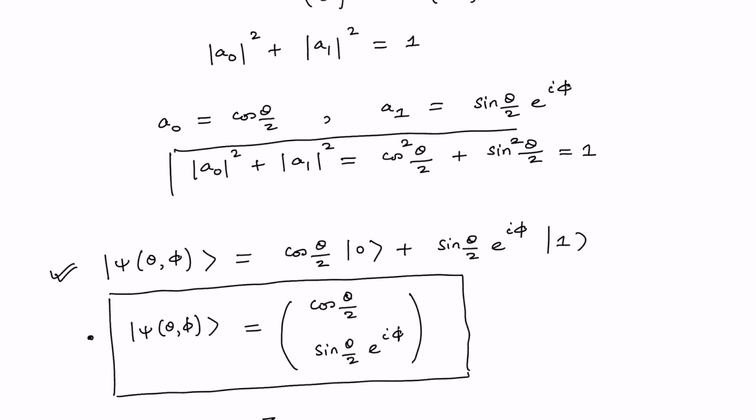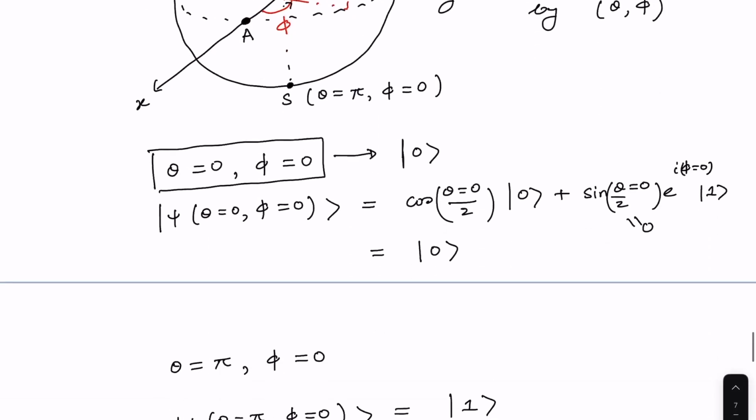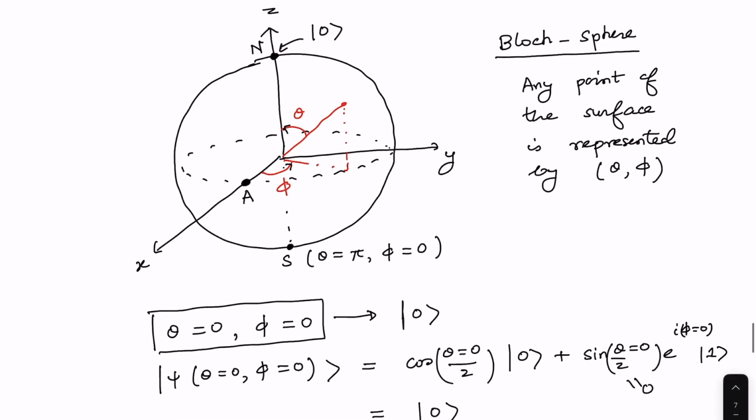This condition has to be satisfied, then you can take any value of theta or any value of phi, right? This way any point on the Bloch sphere represents a quantum state for a two-level atom, and it is an extremely powerful tool in quantum information science, and this is exploited quite heavily.